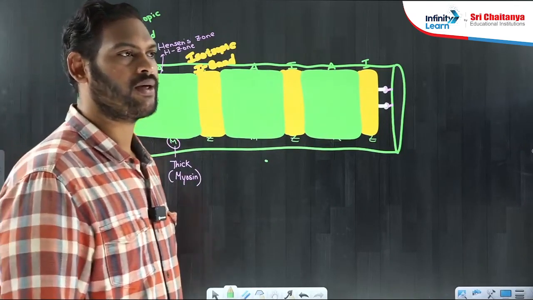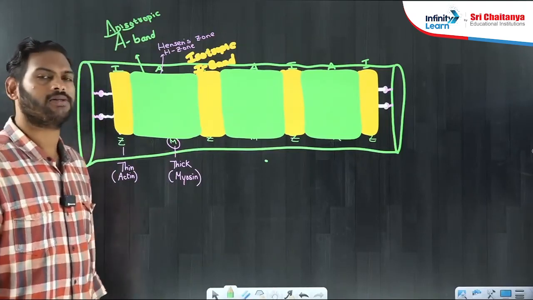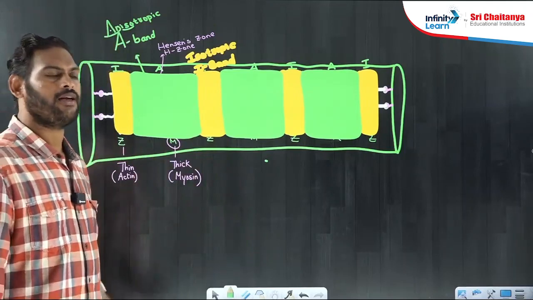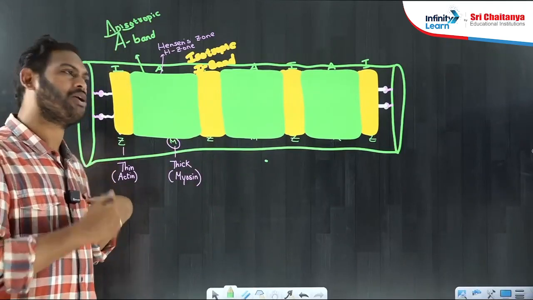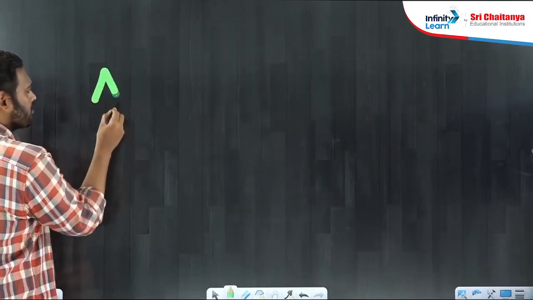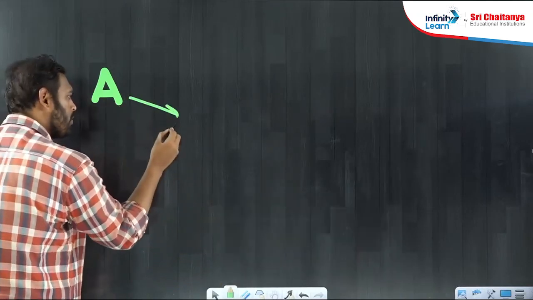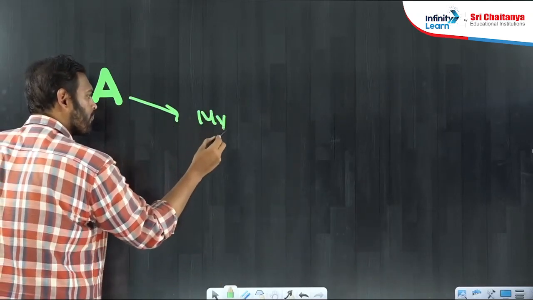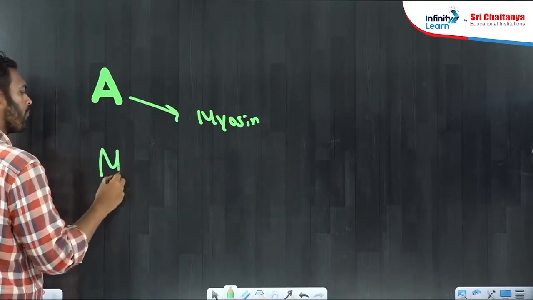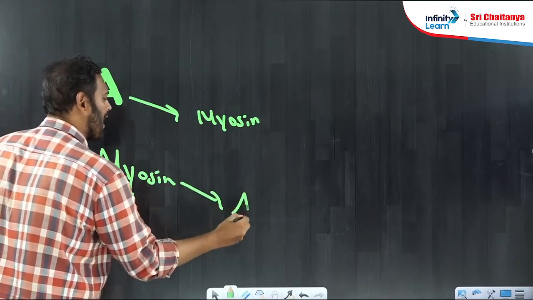Understood? Keep it simple. Let us not get deeply into details. Just keep it simple. First learn bands. Then what happens during contraction? Guys, very simple. Actin can actually bind to myosin. At the same time, myosin can also bind to actin.